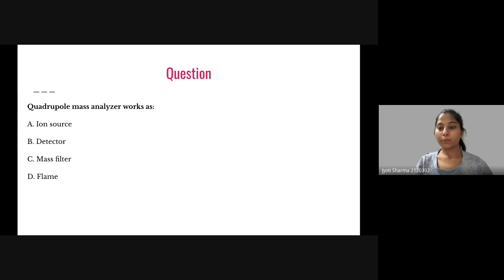So the work of mass analyzer, no, it is not the ion source, but it works as the mass filter. You can search about this. You can learn more about this mass analyzer. So this is present in mass spectrometer, and the work here for this mass analyzer is to filter the mass, and then that will give you mass to charge ratio, right?